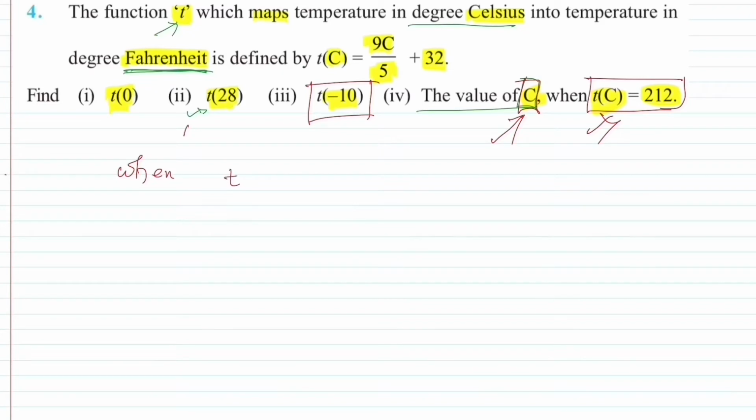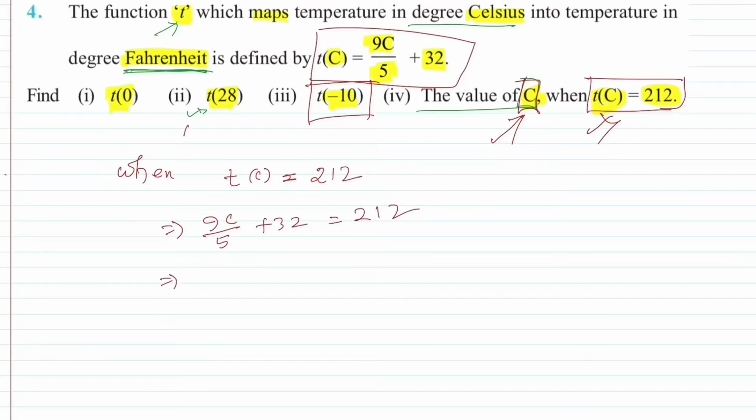So when T of C is equal to 212, we have T of C given as 9C by 5 plus 32, isn't it? So 212 minus 32 is going to be equal to 180.